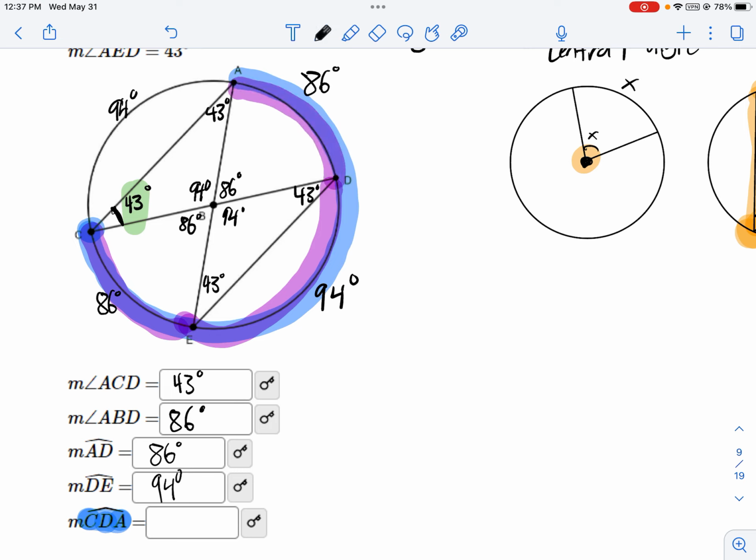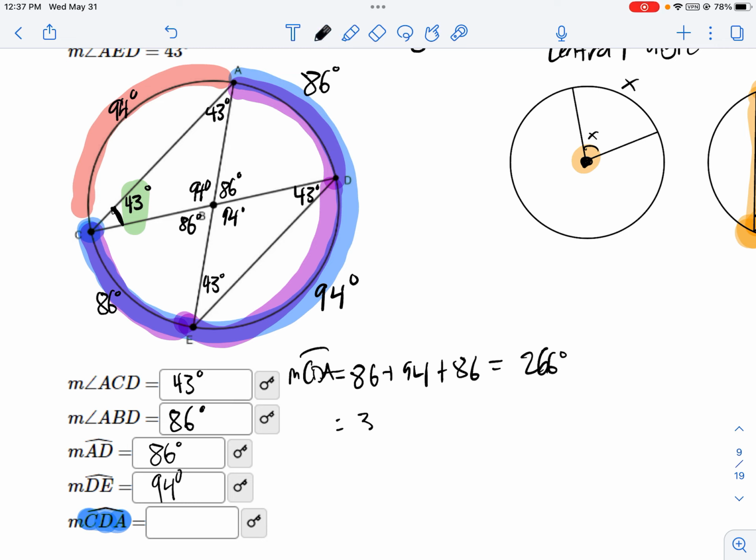So we could find it 2 ways. We could say that the measure of arc CDA is going to be equal to 86 plus 94 plus 86. Right, so 2 times the 86 plus the 94, and you get 266 degrees. Okay, or you'll notice that that blue arc is essentially everywhere except that last section right there.